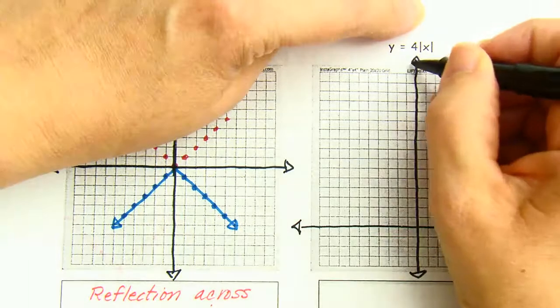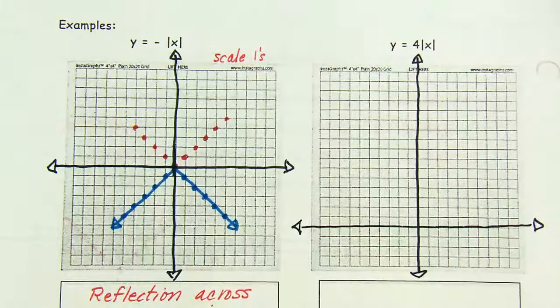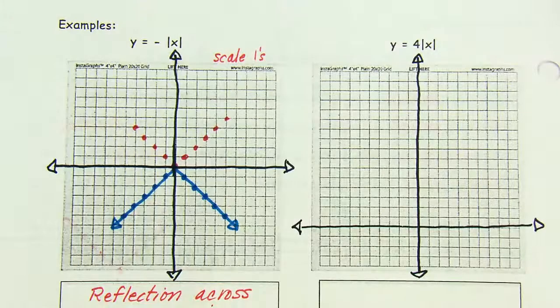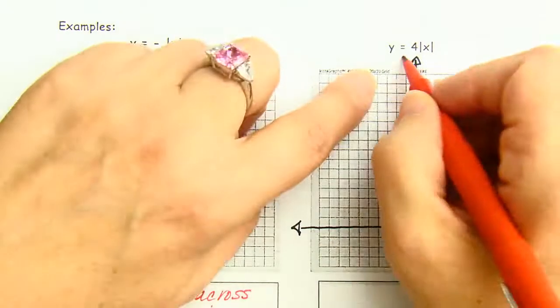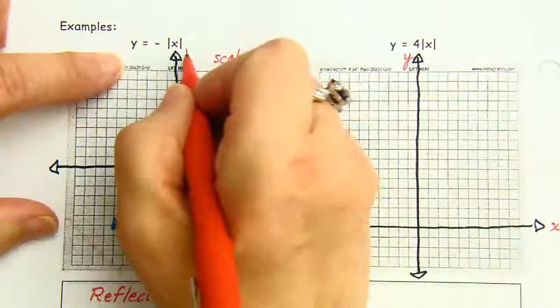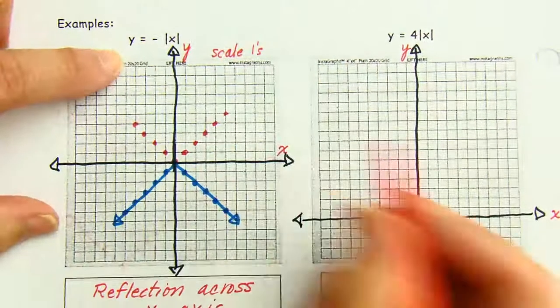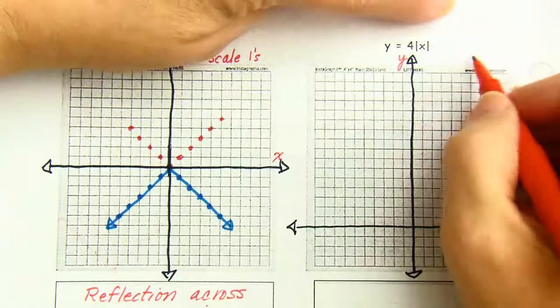So I'm going to be up here on the positive y's. Okay, so it makes sense to me to make my axes low, my x-axis low. Of course this is the x-axis, this is the y-axis. My scale is ones.